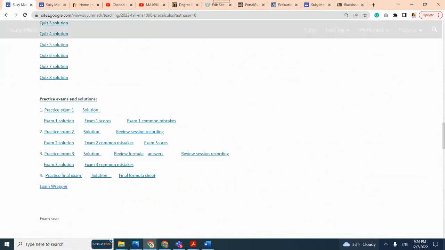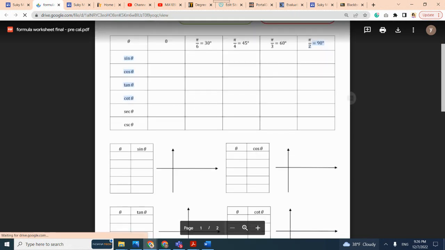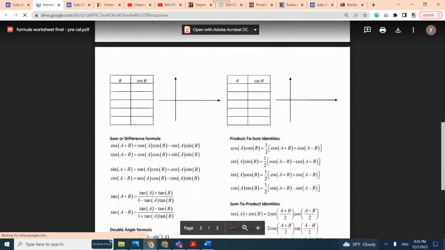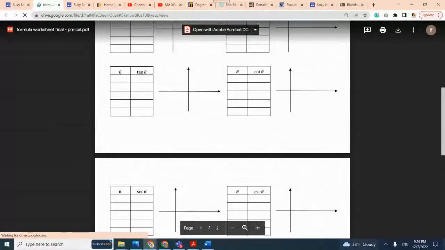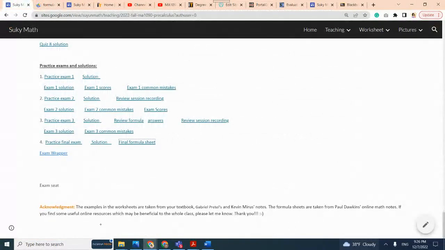So make sure you can memorize all those basic trig graphs. I will print this out for you on the final, but you need to be familiar with all the trig graphs. Okay?